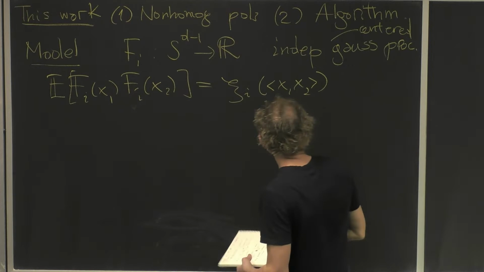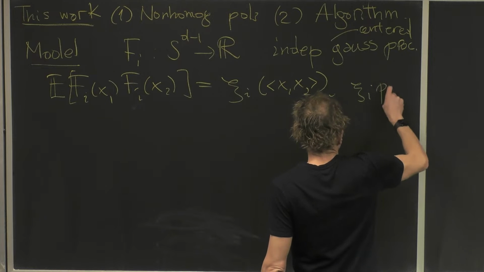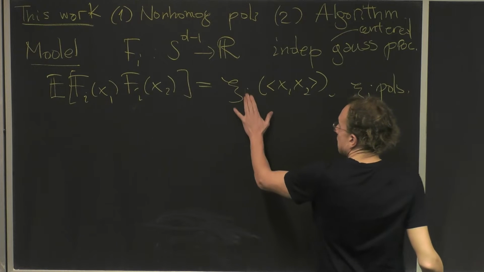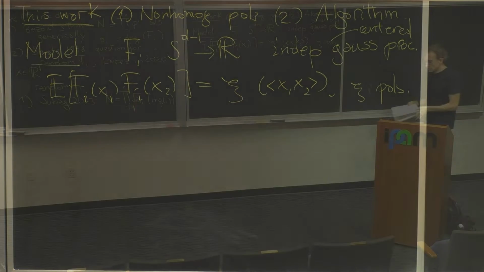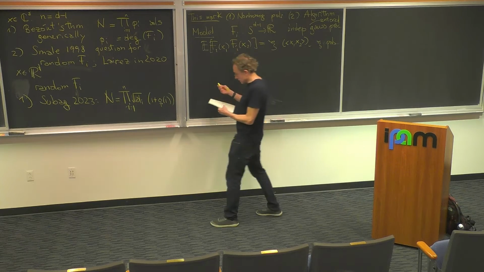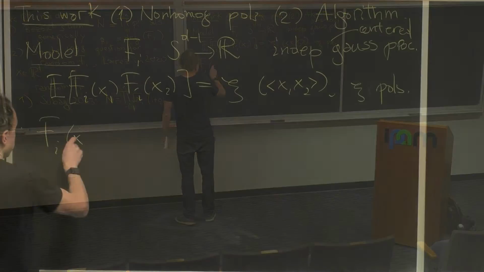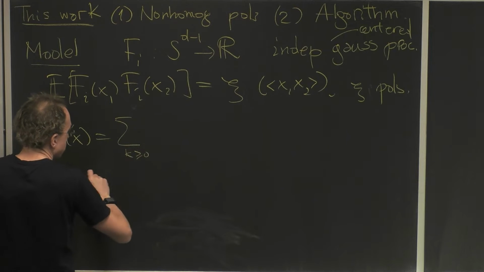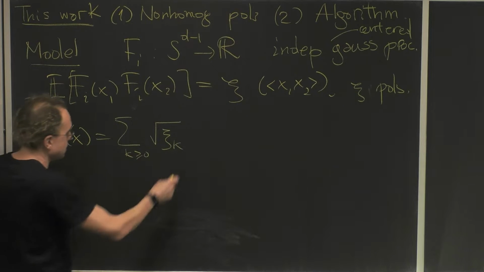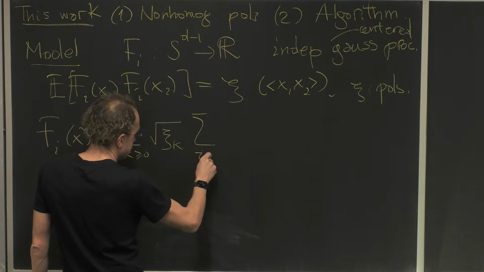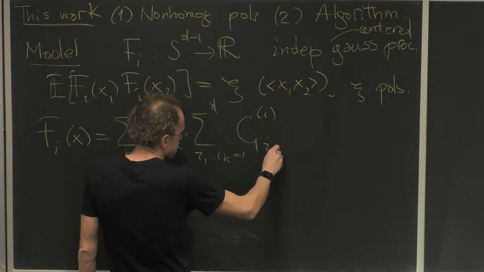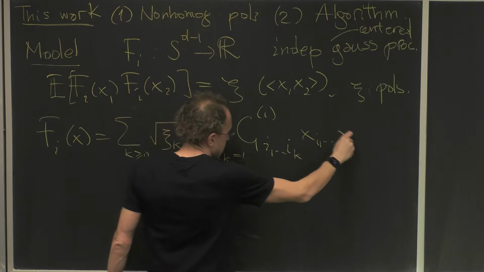And the xi's are polynomials. Now, in reality, throughout the talk, I'll keep the xi all equal, just for simplicity, but things can be generalized. These can be constructed explicitly by saying that each fi of x is the sum over k of the square root of psi k, where psi k is the kth coefficient of this polynomial, times the sum over i1, ..., ik from 1 to d of g i1...ik x i1 ... x ik.